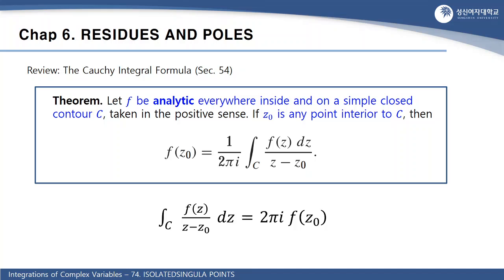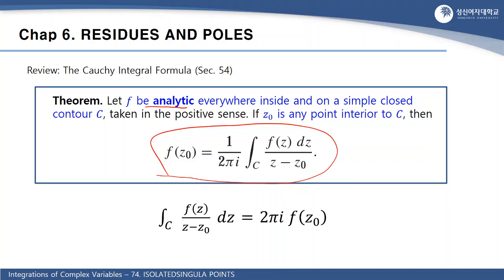Let's see another big theorem, the Cauchy integral formula in section 54. The theorem says let f be analytic everywhere inside and on a simple closed contour C, taken in the positive sense. If z0 is any point interior to C, then we have the result f(z0) equals 1 over 2 pi i times the integral along the contour C of f(z) dz divided by z minus z0.